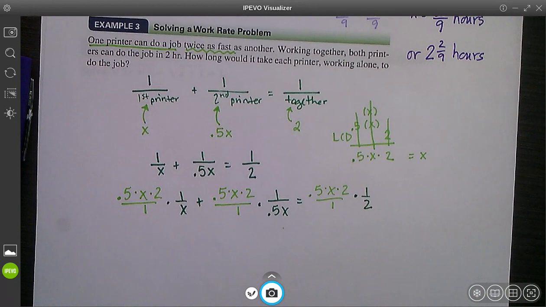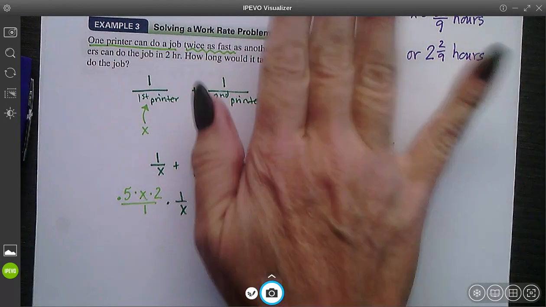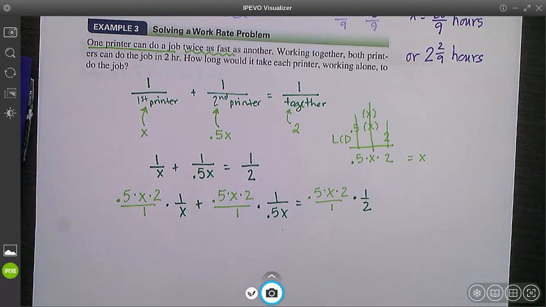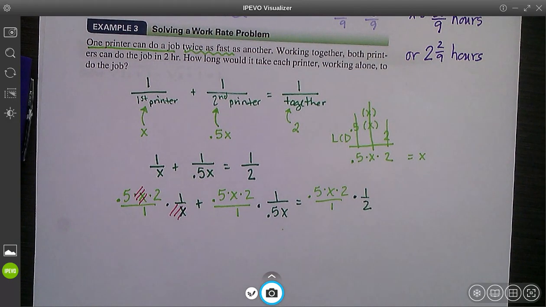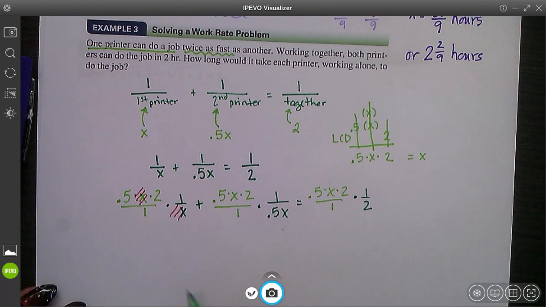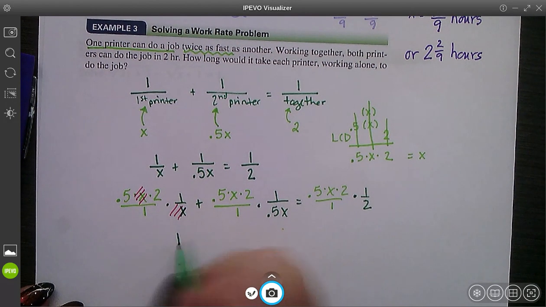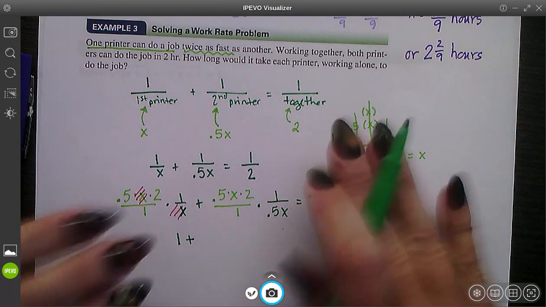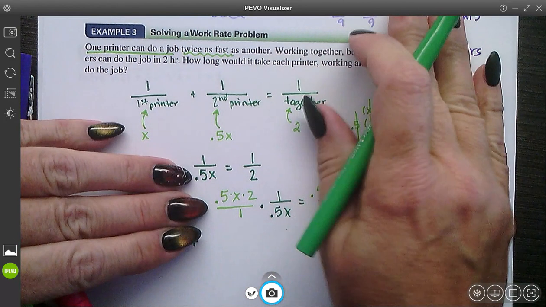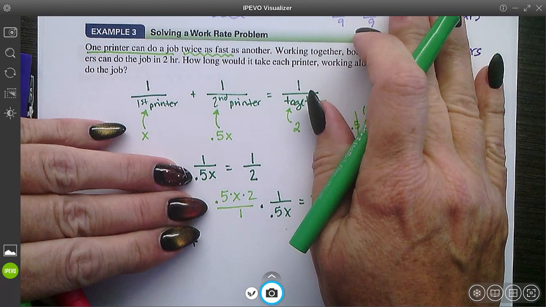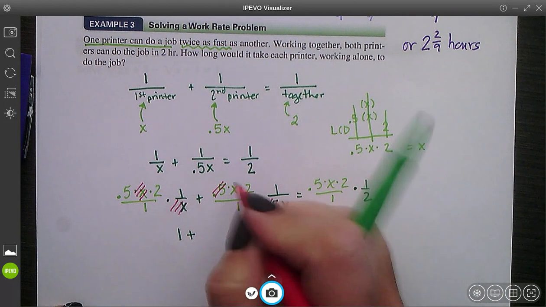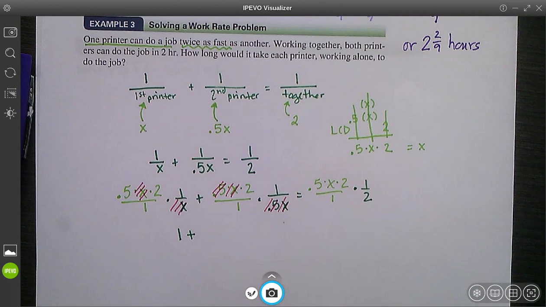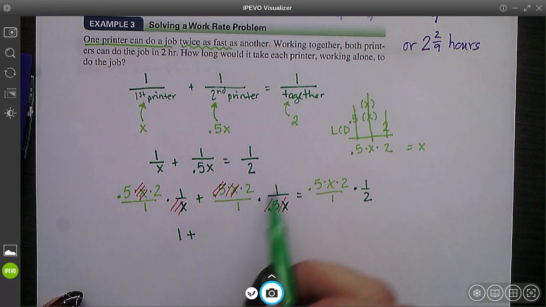Then let's cancel out what we can. In that first chunk, I can cancel out the x's, so I'm left with 0.5 times 2 times 1, which is 1. In the second chunk, I can cancel off the 0.5 and the x, which leaves me with 2 times 1, so 2.